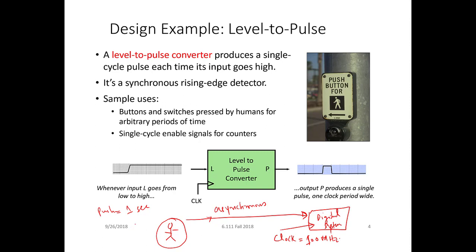The digital system will have 100 million of these cycles, so it is basically 10 power 8 cycles.